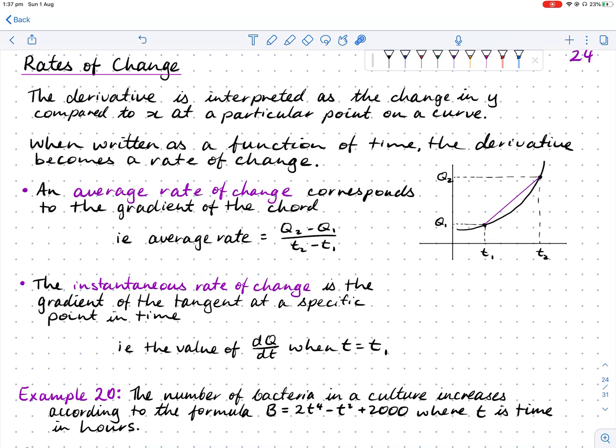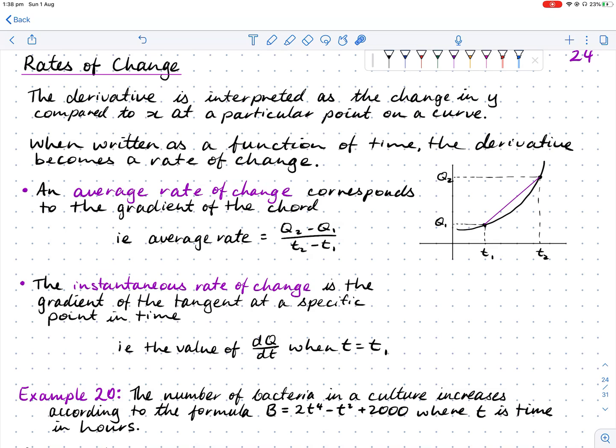So say, for example, I drive out of the school and then I drive down to Anzac Parade and then I stop at a traffic light. So when I stop at the traffic light, then my rate of change at that point in time is actually 0. If I've gone out onto Anzac Parade, say, if there's not a lot of cars that day, then I could be traveling up to 60 kilometers an hour if I wanted to.